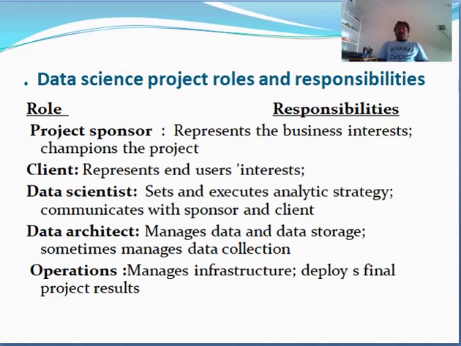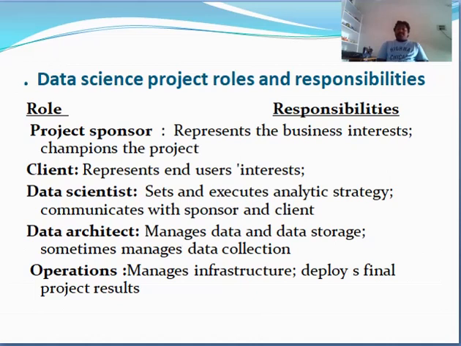First role, project sponsor. What roles does he play in a data science project?